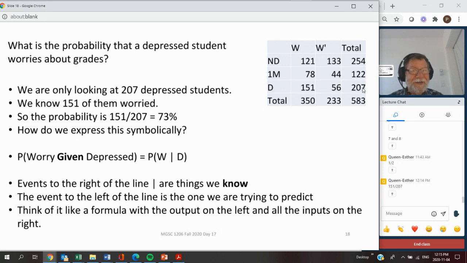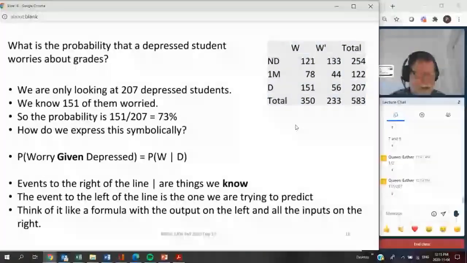So they think of it as dividing, and that's what we did. So there are sometimes different ways of trying to remember how to do this, particularly if you're in a test situation, where you don't necessarily think through things. So yeah, it's the 151 out of 207 is the answer that we've got.